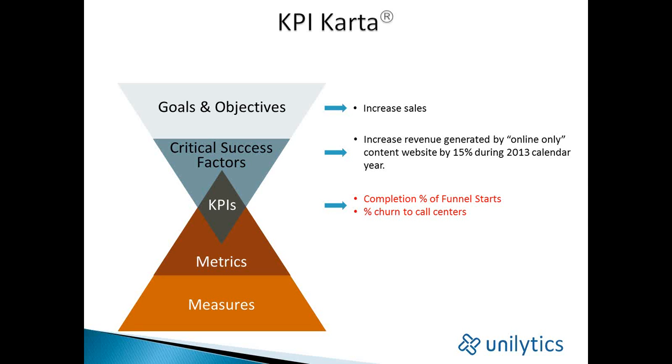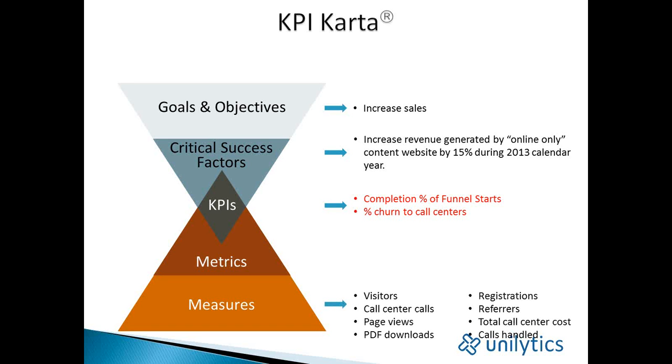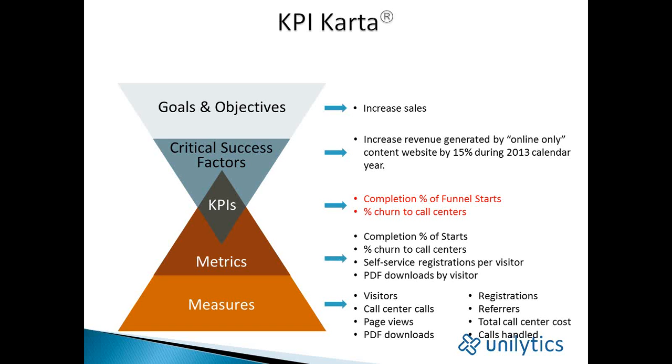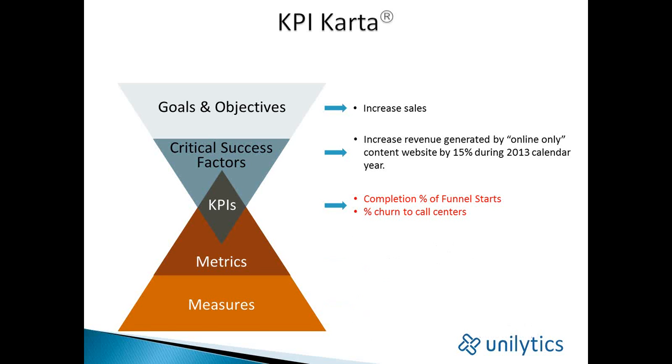How many people were abandoning that process and going to the call centers? The measures were all the various measures we have, and the metrics, and so on. Now the challenge we found was going from this critical success factor to these very valuable KPIs was difficult. It was a bit of a disconnect, and it wasn't so obvious.